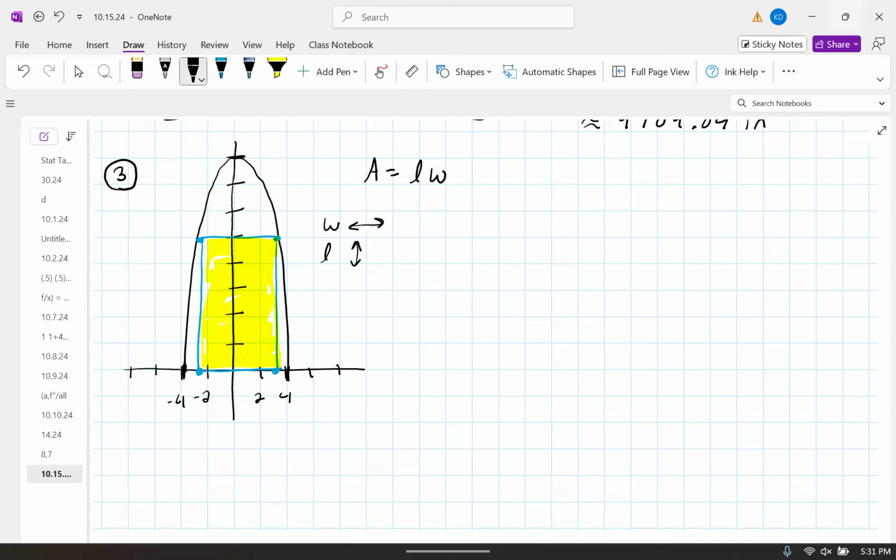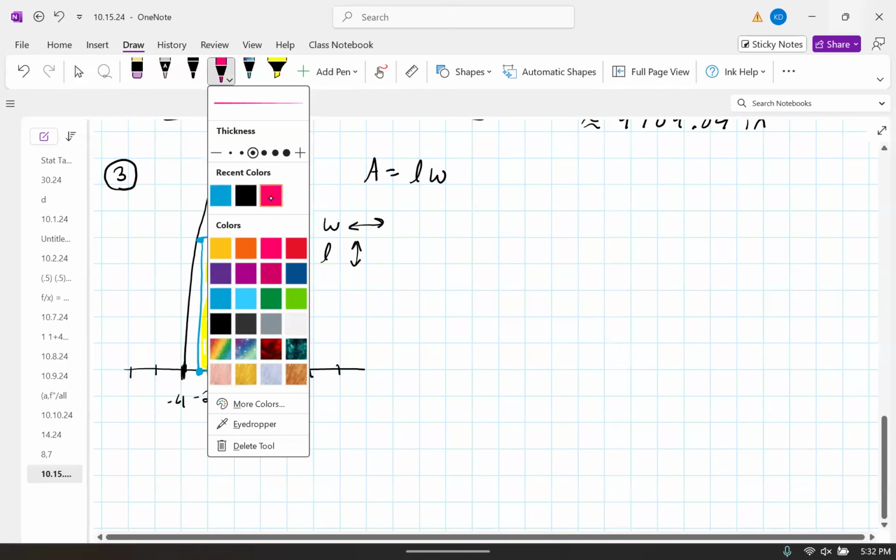What's the width of our rectangle? We don't know. It could be 8, but probably not, because that would be a very flat rectangle in this case. Well, can you give me the width of my rectangle in terms of X or Y?